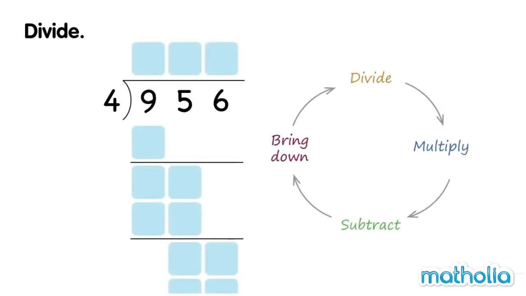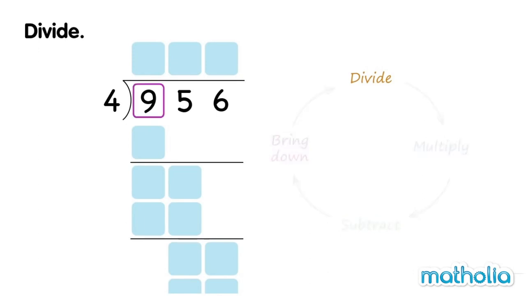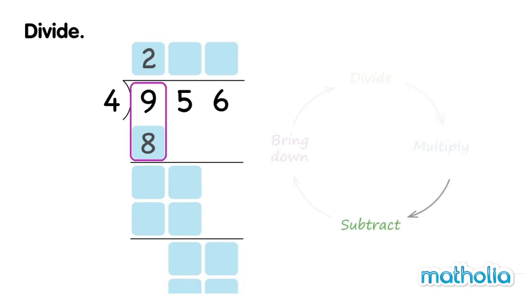Let's find 956 divide 4. Start by dividing the hundreds. 9 hundreds divide 4 leaves a quotient of 2. Write the 2 in the hundreds column at the top. Multiply. 2 hundreds times 4 equals 8 hundreds. Subtract. 9 hundreds minus 8 hundreds equals 100.